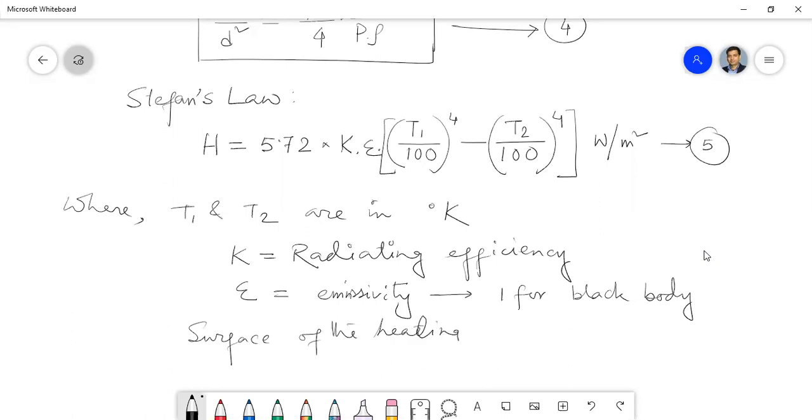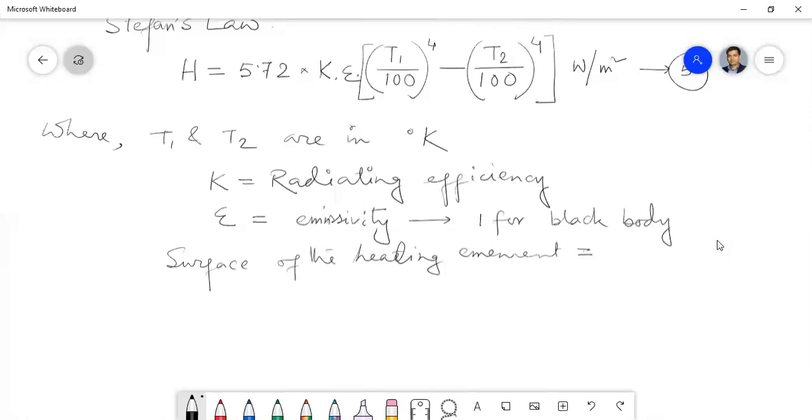If it is circular and having a length of L, then what will be the surface? Anybody? The conductor is having the length of L and the diameter is D. Then what will be the surface area?